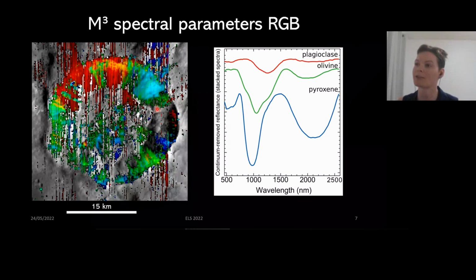The mineralogical diversity is highlighted in different colors, and this graph shows a summary of the different mineralogies we can find here. In blue, we see pyroxene, in green, olivine, and in red, plagioclase. This is all good, but we then manually check every pixel that is highlighted to make sure that it actually displays the plagioclase absorption band, so that we only map plagioclase.